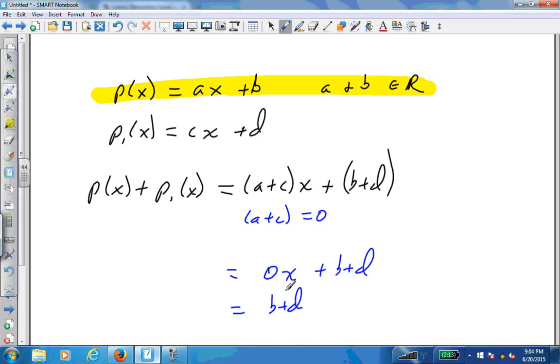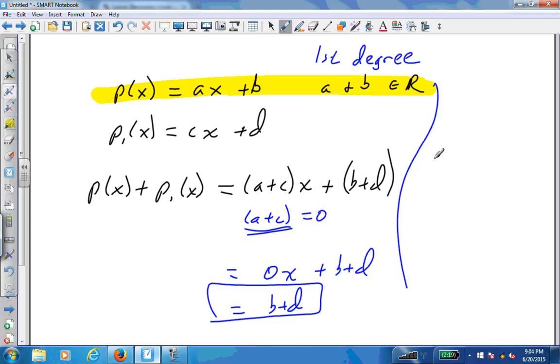That's not a first degree linear polynomial. So maybe we should be more specific when we say linear. Maybe we should say a first degree polynomial. Notice that would not be a first degree polynomial. And there's nothing in our definition that says that we can't have two numbers that add together to be 0.